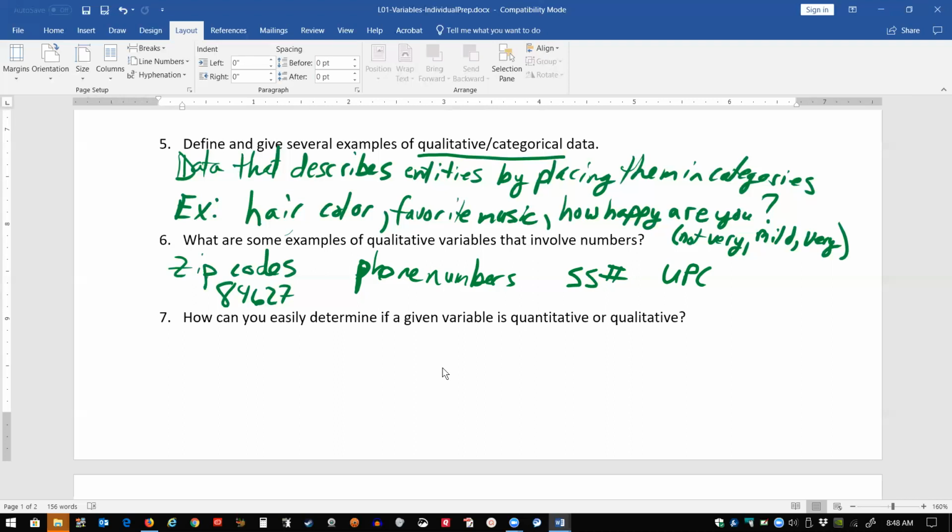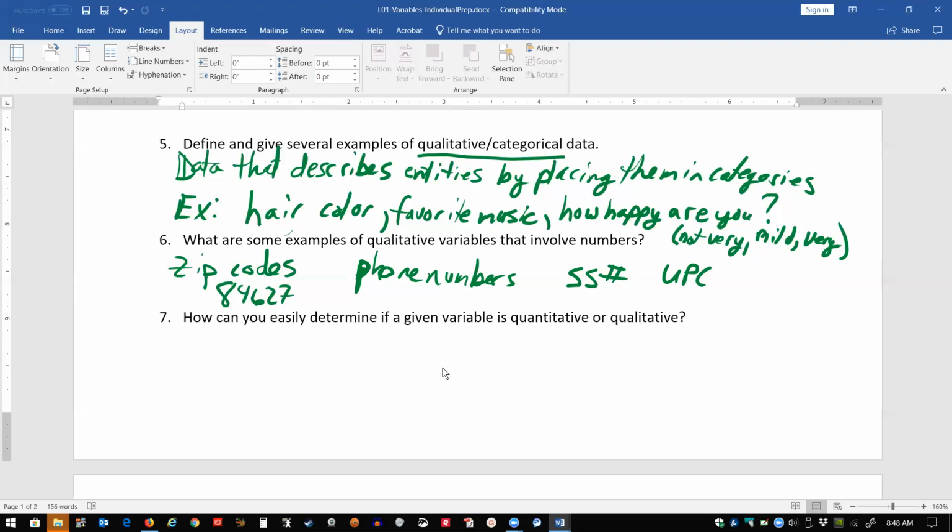The numerical form just makes it more convenient to process the information. So you've made a point: all numbers are not quantitative. You have to look at their function. In the case of these examples, these are all numbers that are actually categorical in nature.